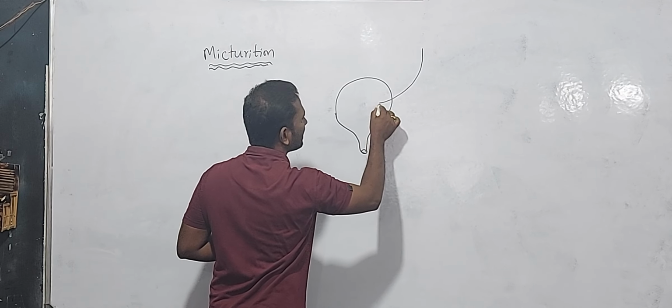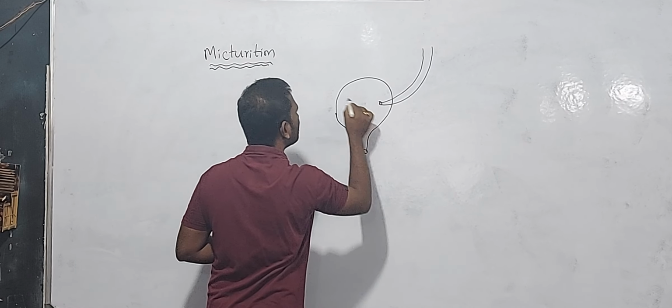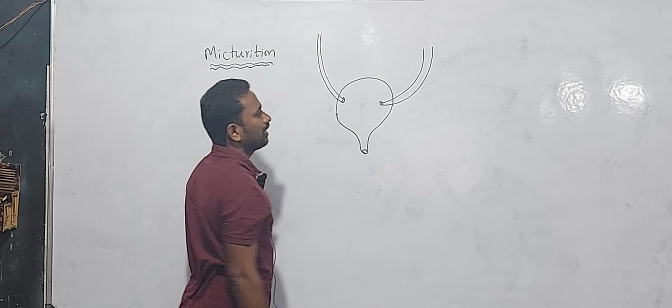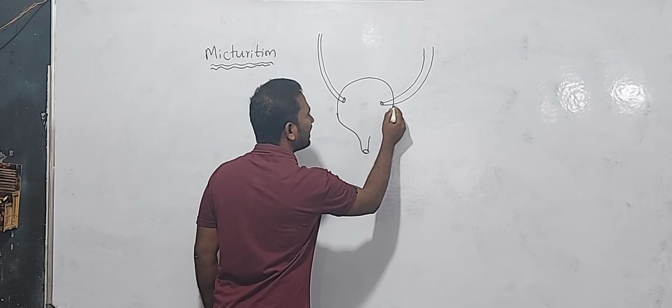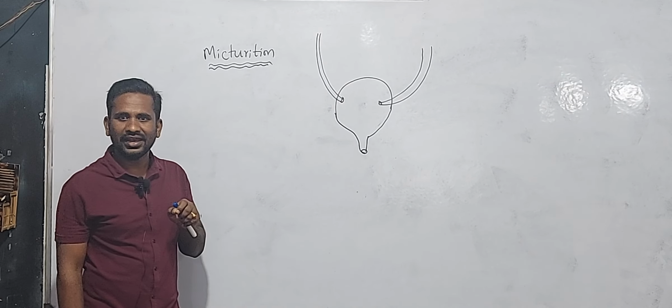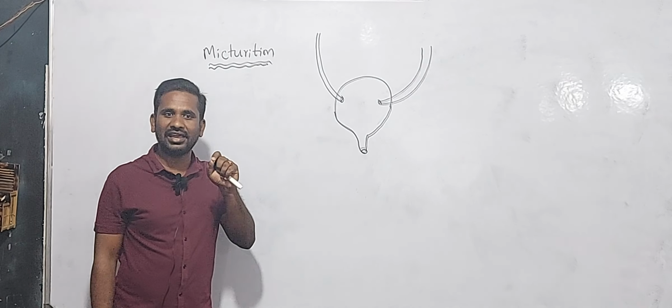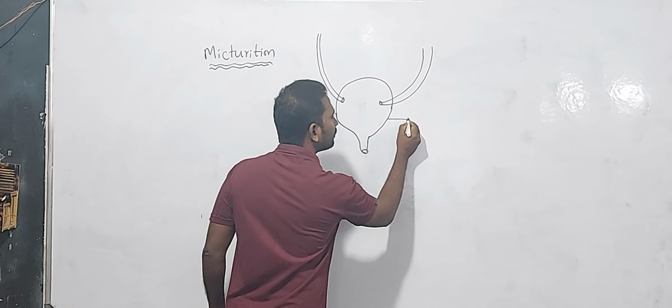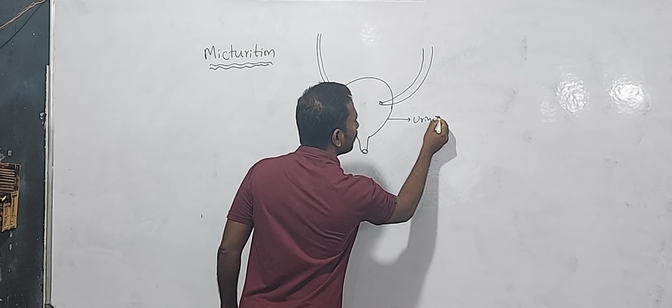A set of ureters collects urine from the kidneys. It means the collected urine temporarily stores in the urinary bladder. Which one? Urinary bladder.